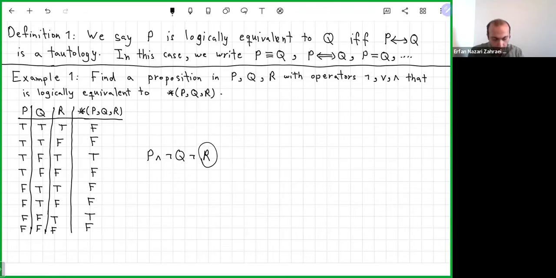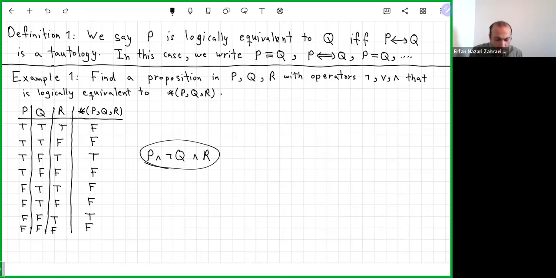Note that for and, it is true only if all of them are true. So this is only true if this combination happens, and hence it's only true at this row.